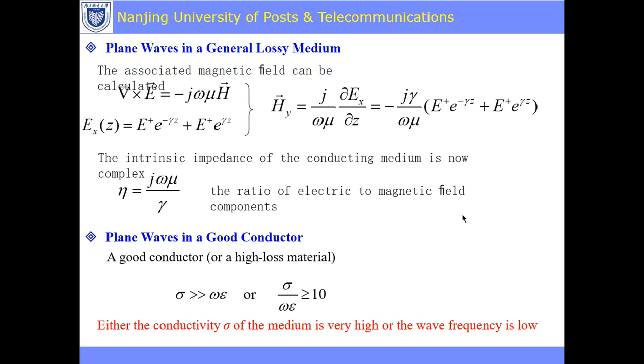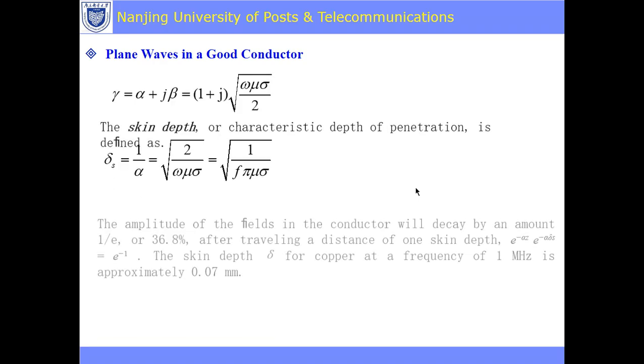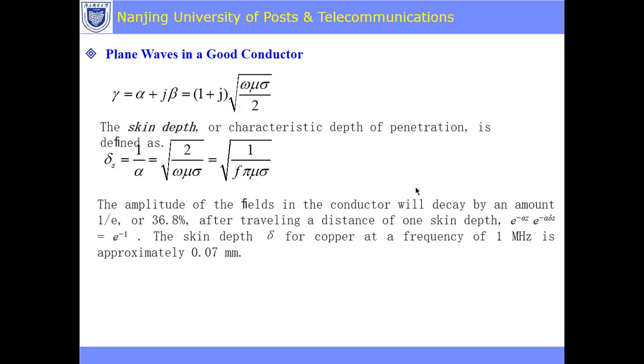If it's attenuated, we call that skin depth. That is coming after the slide. What is skin depth? Okay, let me go to this slide. See here, the skin depth.